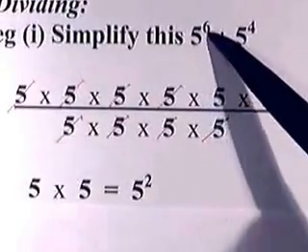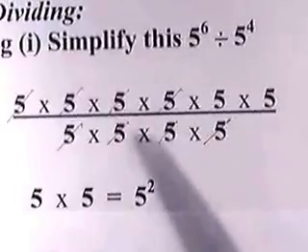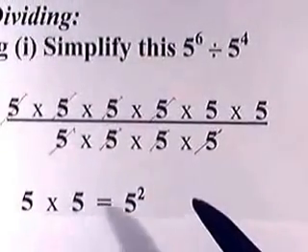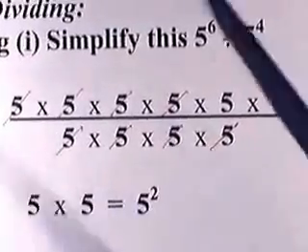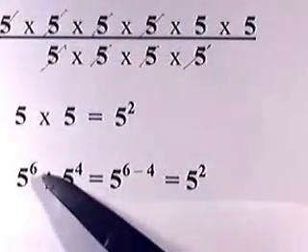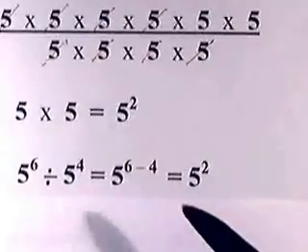Well, looking at the original powers, 6 and 4, you can see immediately that yes, we can get to this answer very quickly. We can take away the powers. So when we're dividing, we can subtract the powers.